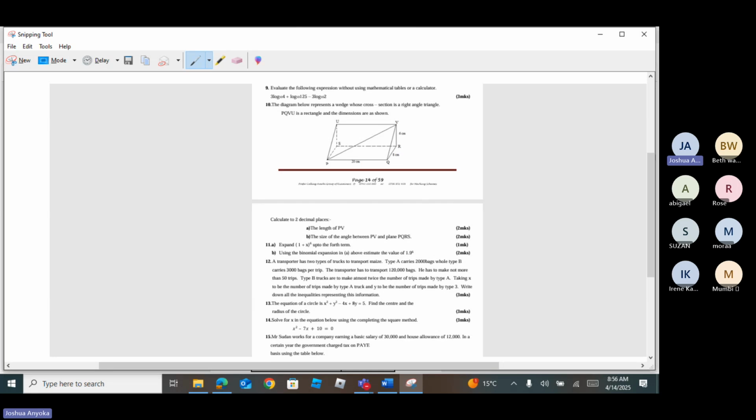Our expression is 1 plus x to power 6. To expand without coefficients, we start with the first term, which is 1. 1 to power 6 is always 1. Then x to power 0 plus x to power 6, 5 is 1. Then x plus x to power 4 is still 1.